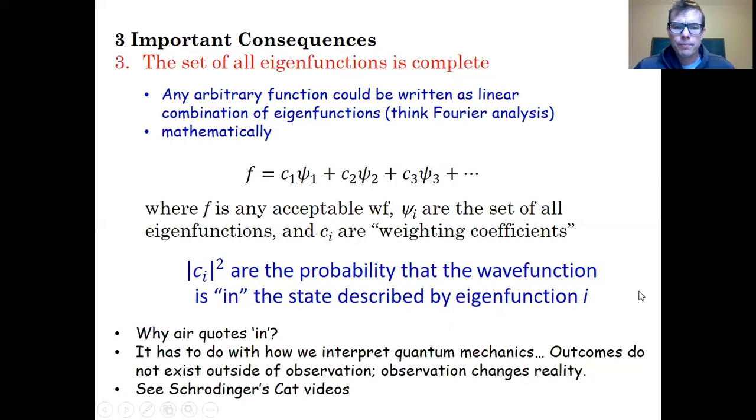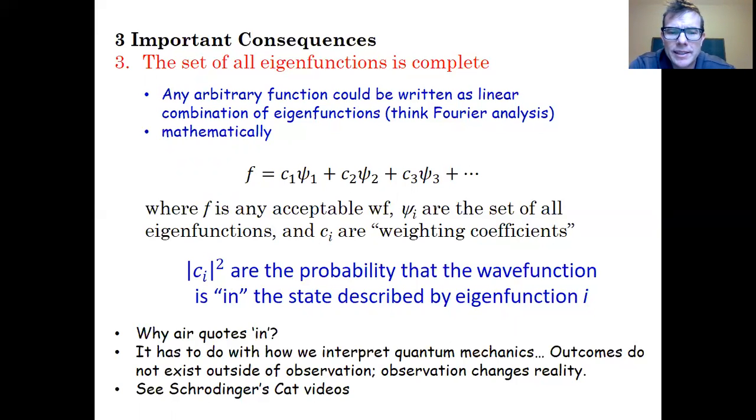What you need to know is a specific relationship, which is that the square modulus of c sub i, and I say square modulus because they can be complex, they can have imaginary terms in them, is the probability that the wave function is in the state described by eigenfunction i. So if I square those weighting coefficients, you get the probability that it's in that state.